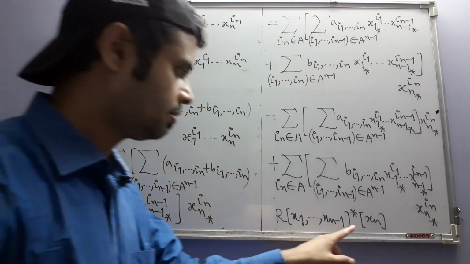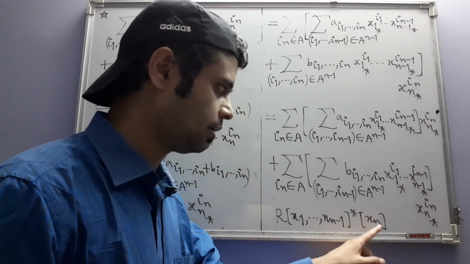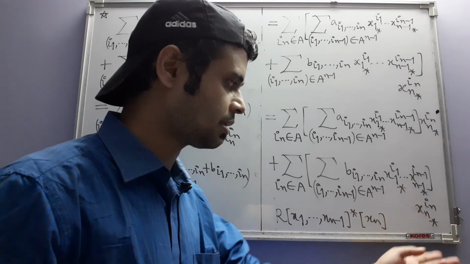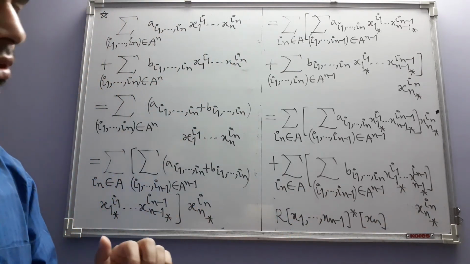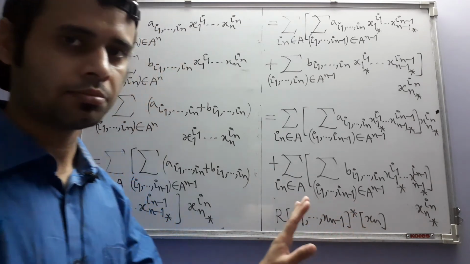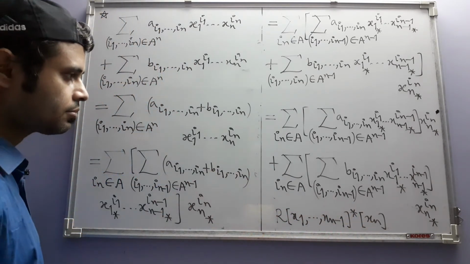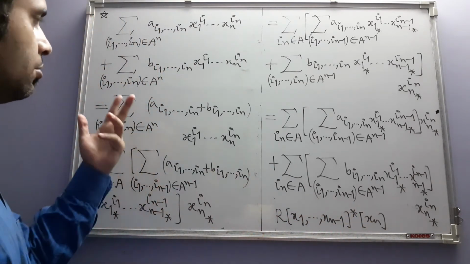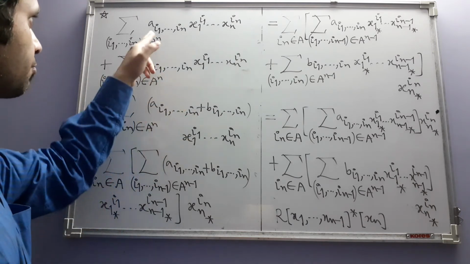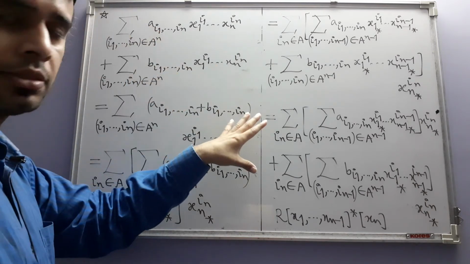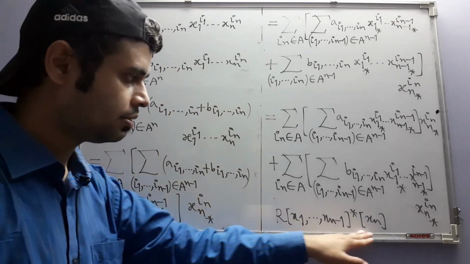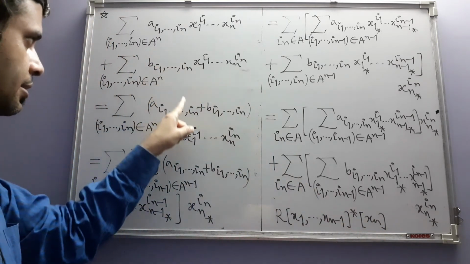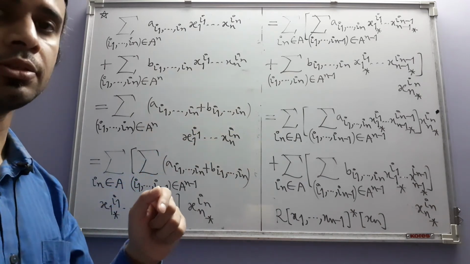Keeping in mind that this xn is the same as xn star, whatever we call it, the name does not matter, just a variable is there. So you can see that whether you think of these formal symbols as formal symbols or as elements here, the structure of the sum is not affected.